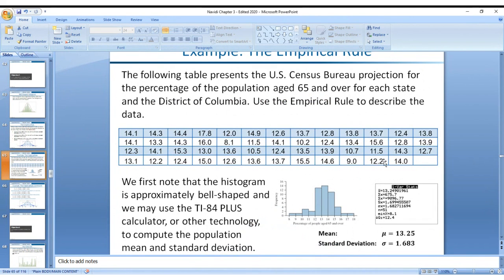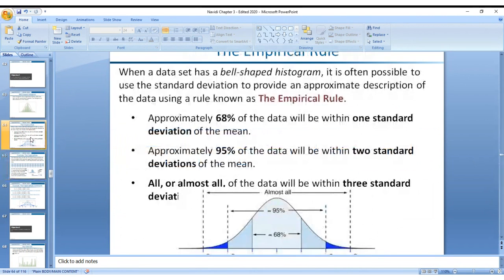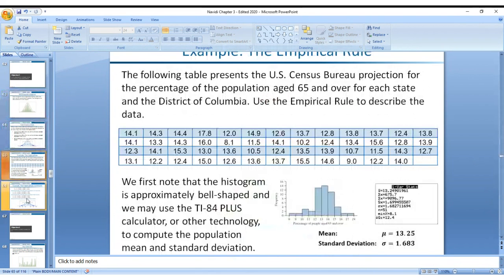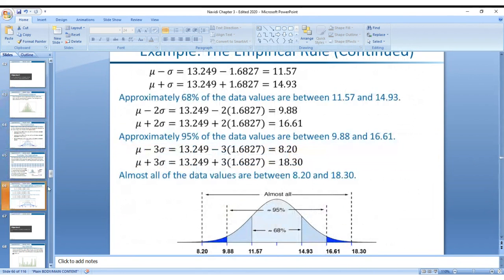As I remember, that was Alaska. And then 9.0 was Utah. So on the lower side, all of the other ones are in double digits. So 9.88 we could almost round off to 10, and you can see there are only two that are less than 10, the 8.8 and the 9.0. Now on the upper end, what was it, 16.61.